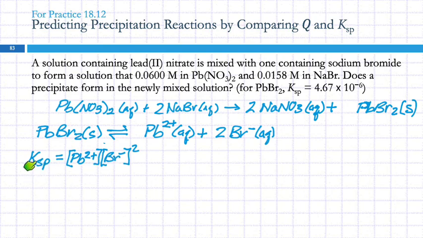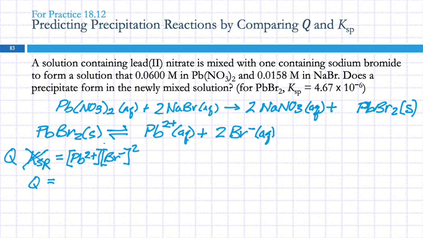So that's at equilibrium. We're not actually calculating KSP. We were given KSP. So what we're actually interested in is Q, which is the same calculation, but it's current conditions, not at equilibrium.